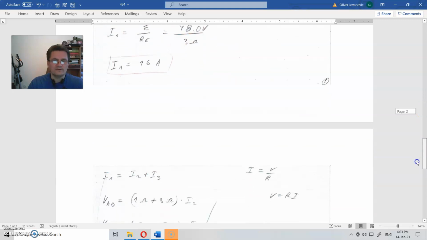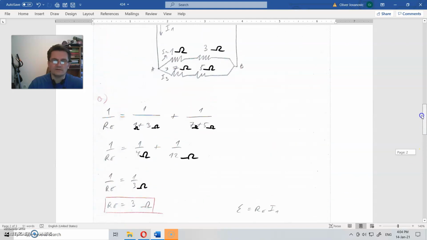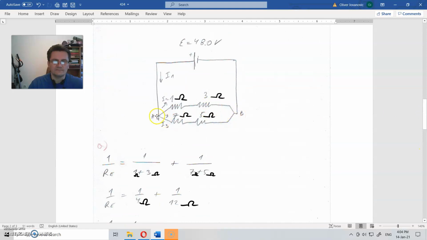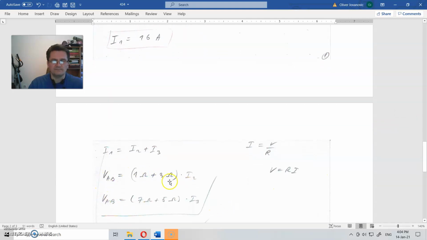Similarly, voltage between points A and B is this resistance times this current. So it's the same voltage, but I3 times this resistance is voltage between those 2 points. And we have this thing here.